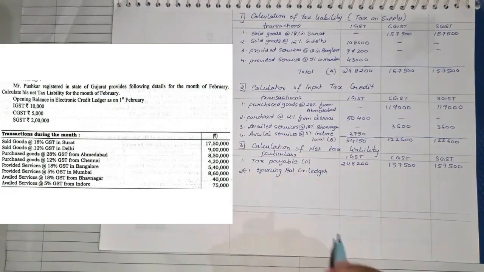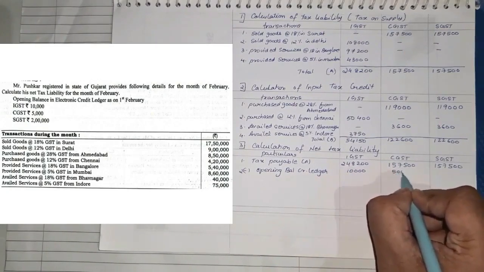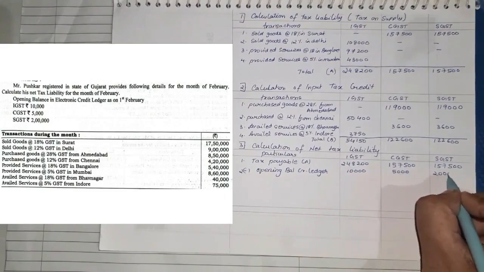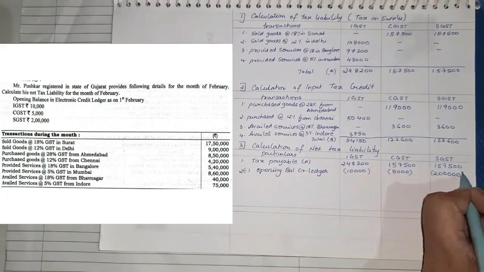Again, electronic credit ledger. The values which are given in the electronic credit ledgers are 10,000, 5,000 and 2 lakhs. Remember, this is less, so all will be in bracket.